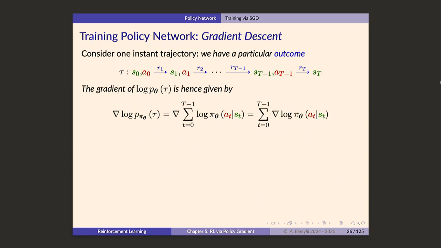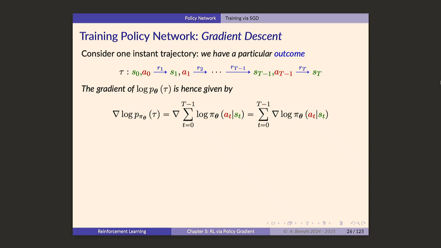So the gradient of the log likelihood of the trajectory is going to be the summation of the gradients of the logarithm of the policy over the whole trajectory. You go over your trajectory. You say, OK, I started at S0 and did action A0. Then you put S0 and A0 in the input of your neural network, and it computes your pi.